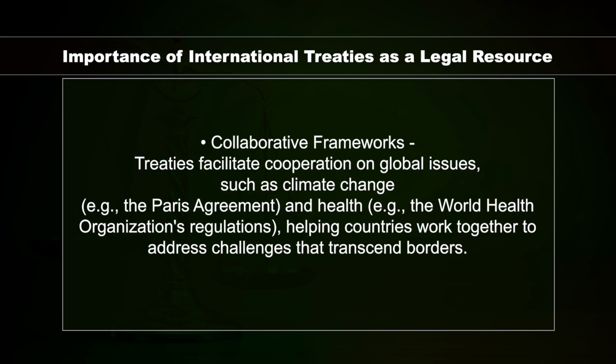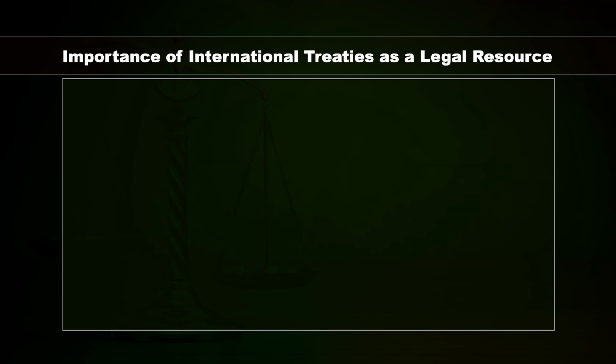Further, collaborative frameworks. Treaties facilitate cooperation on global issues such as climate change, for example, the Paris Agreement, and health, for example, the World Health Organization's regulations, helping countries work together to address challenges that transcend borders.